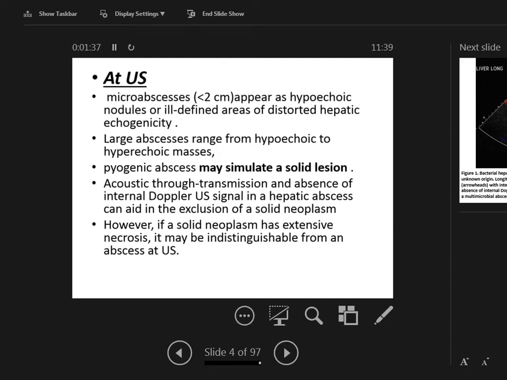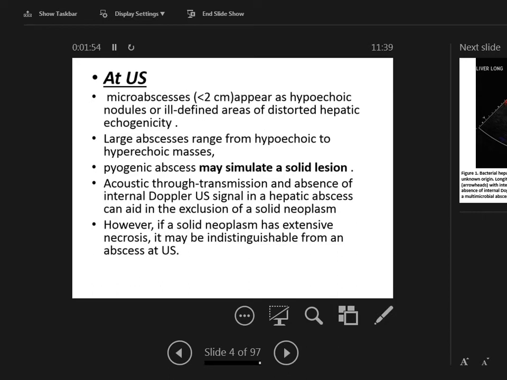On ultrasound, an abscess less than 2 centimeters is a hypoechoic or ill-defined area with distorted hepatic echogenicity. A large abscess may be hypo- or hyperechoic.